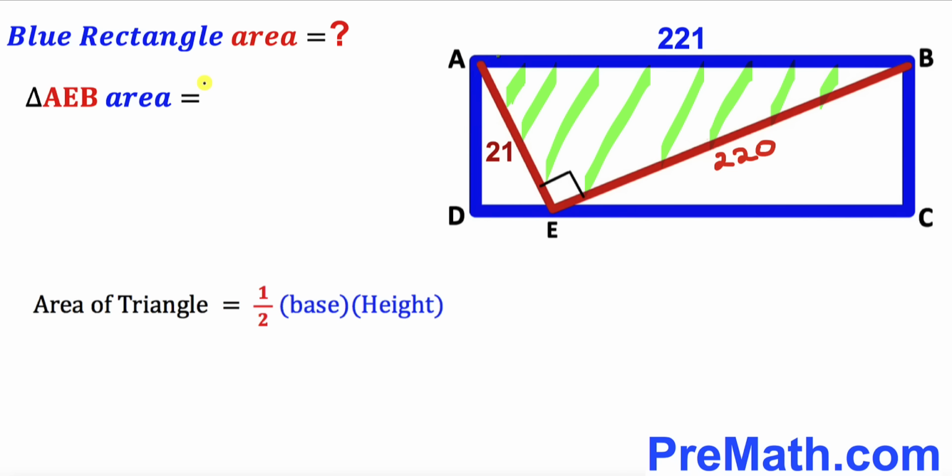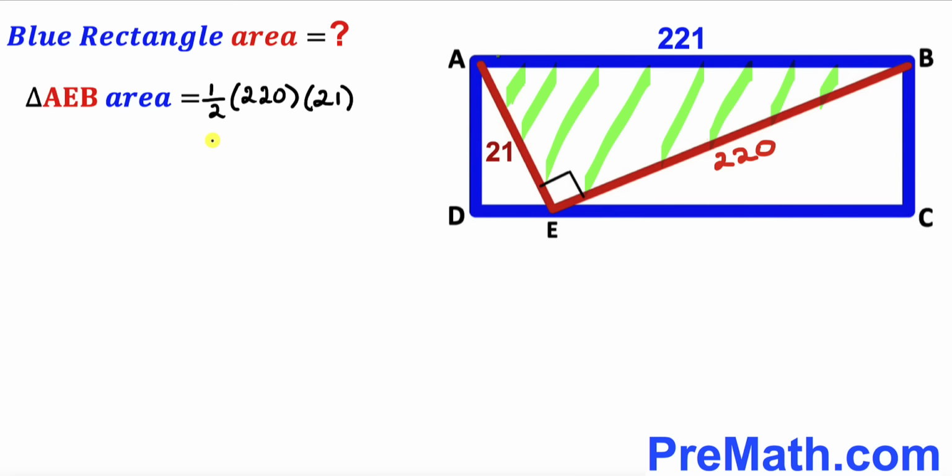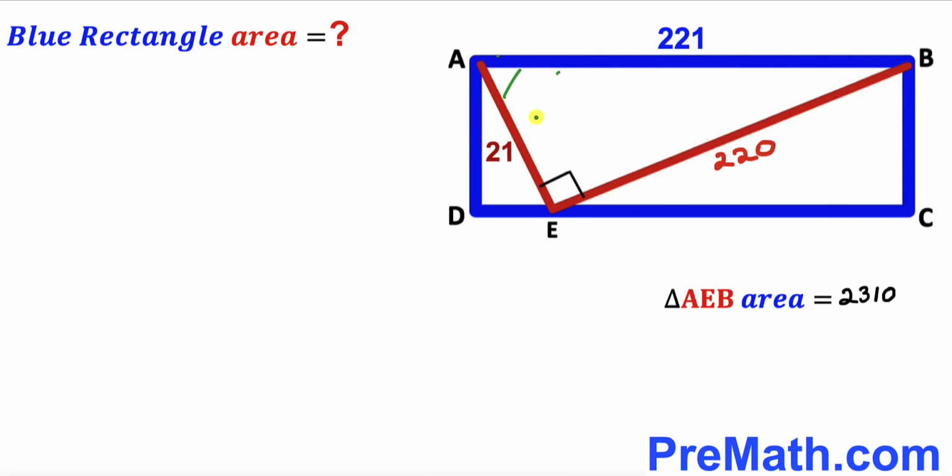So the area of triangle AEB is a half times 220 times 21, which gives 2310 square units. So we figured out the area of this right triangle AEB is 2310.